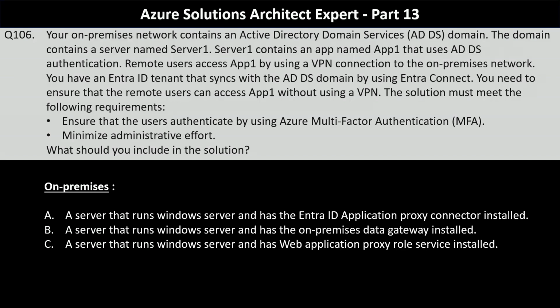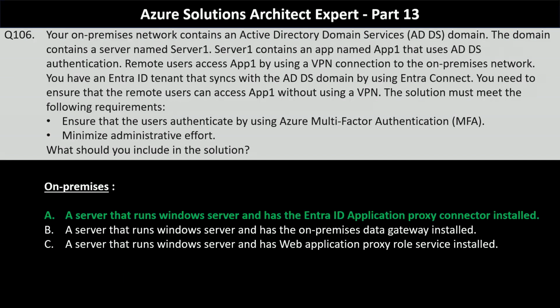Now, the next part of the question is talking about what should you include in the solution on-premise. A, a server that runs Windows Server and has the Entra ID application proxy connector installed. B, a server that runs Windows Server and has the on-premise data gateway installed. C, a server that runs Windows Server and has the web application proxy role service installed.